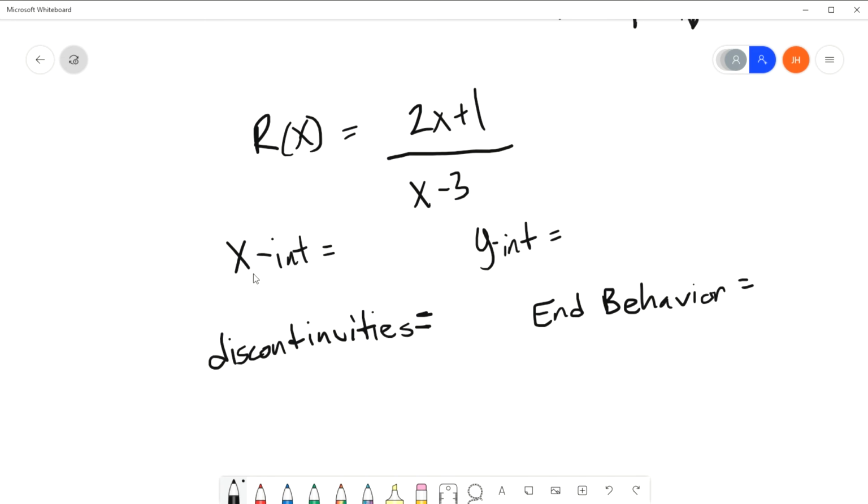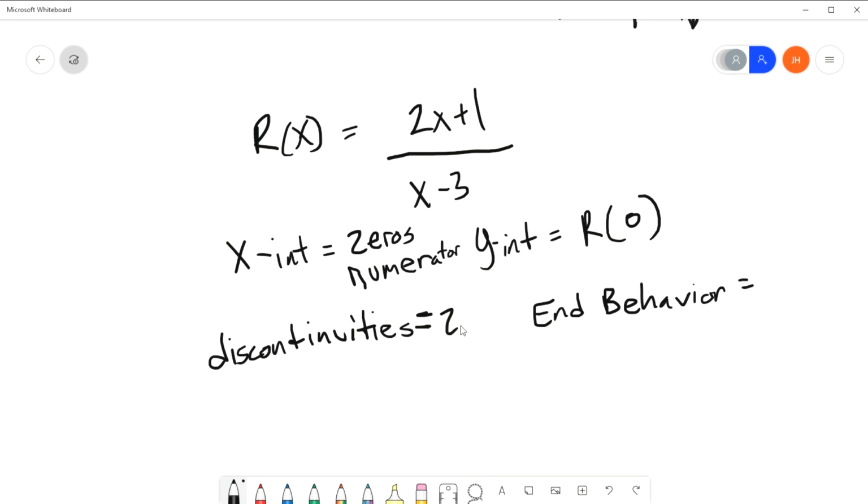So how do we find x-intercept? Remember, it's the zeros of the numerator, right? Because the x-intercept is when the function equals 0, but this can only equal 0 if the top is 0. How do I find y-intercept? I plug in 0. It's when x equals 0. Remember, that's just like our normal functions.